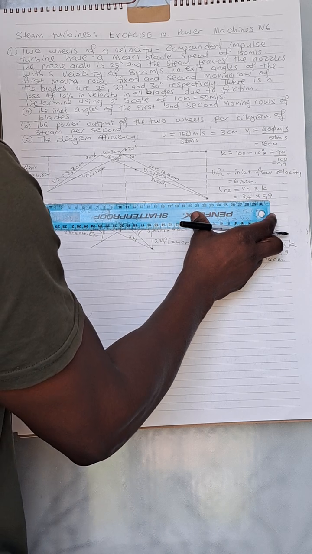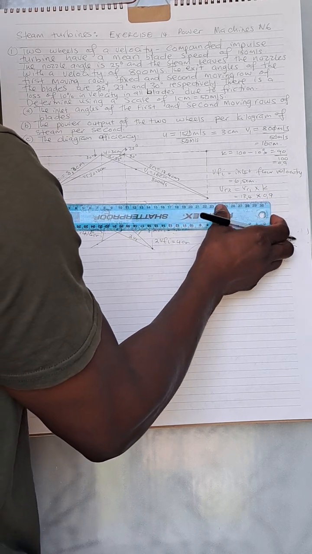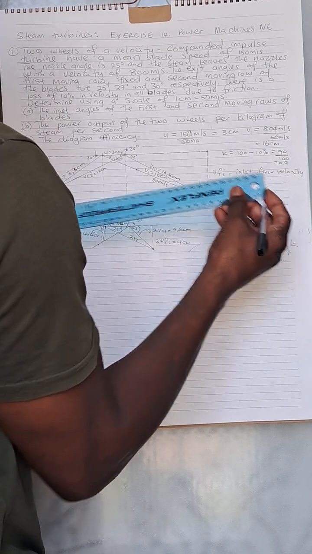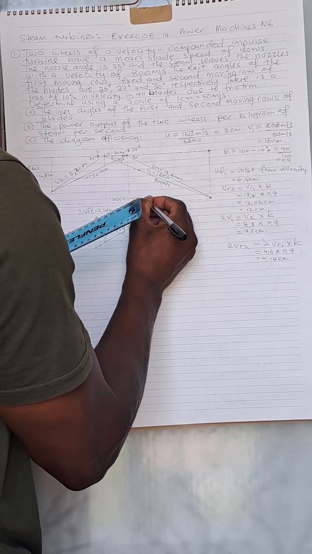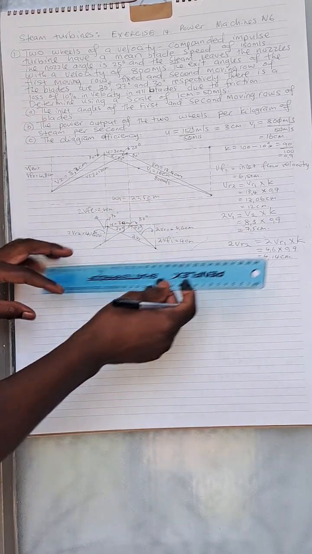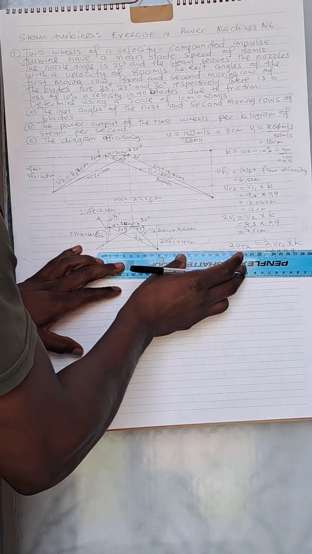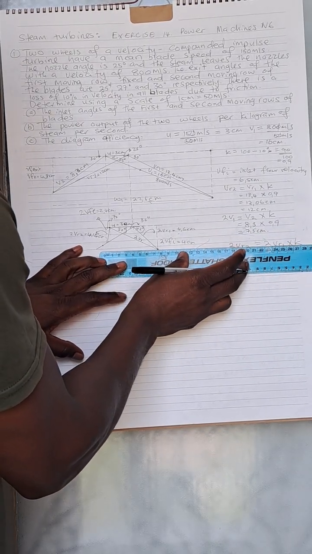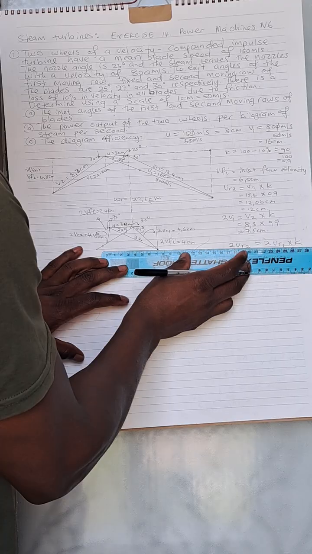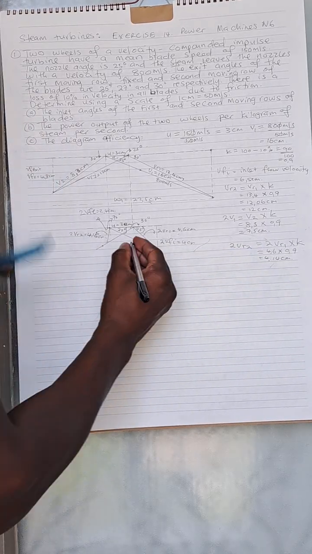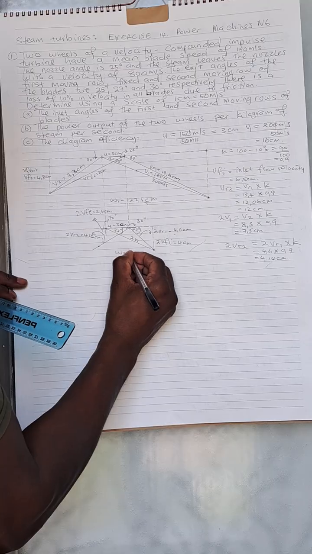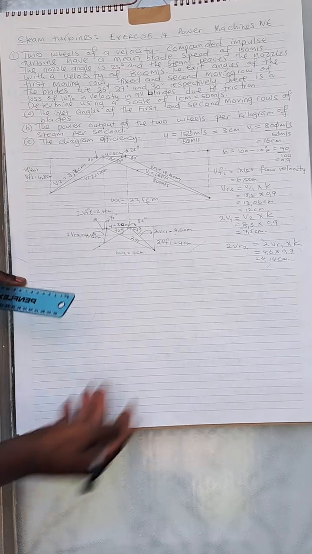I'm seeing this is 22.5. So W1, I'm getting 22.5 centimeters. Let me measure our W2, or the wheel velocity for the second stage. I'm getting something like 7 centimeters. So W2 equals 7 centimeters.